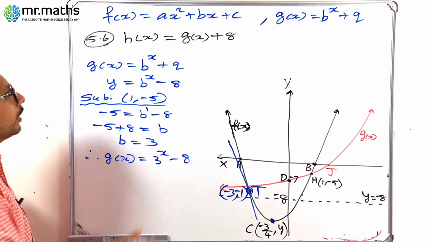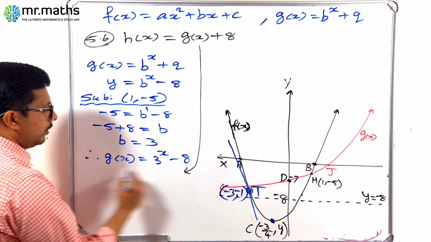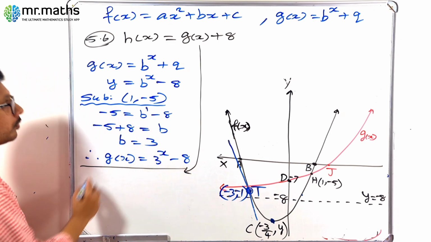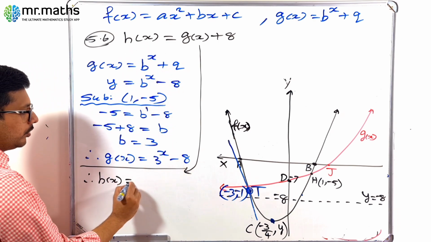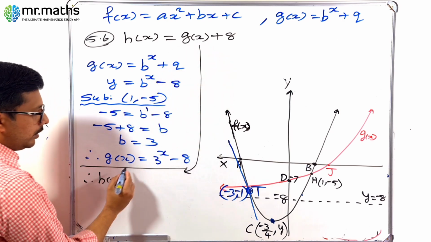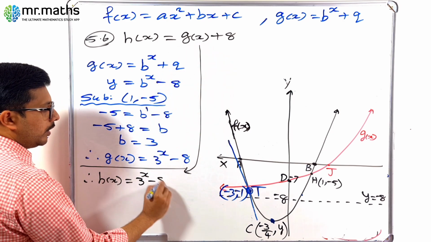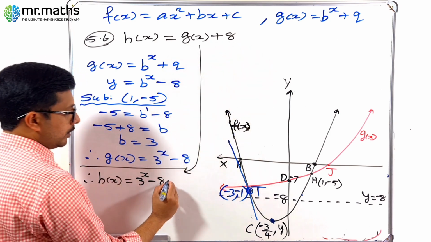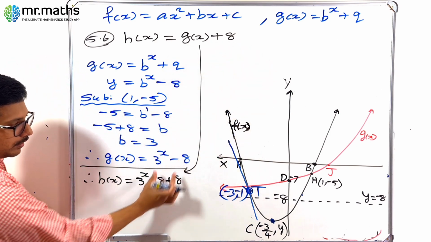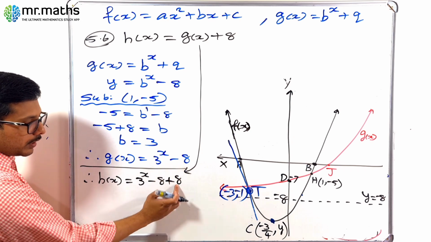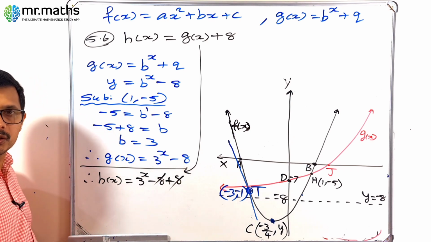Now we can compare to this one. Let's write it here. Therefore h of x is equal to g of x plus 8, and g of x is 3 raised to x minus 8, so 3 raised to x minus 8 plus 8. Do you understand? This one is our g of x. Here you can see that the minus 8 and plus 8 cancel.